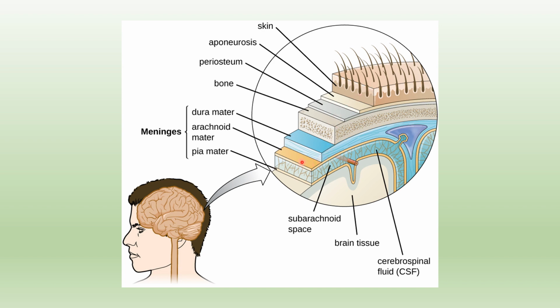So if they need to do a spinal tap, what they're trying to do is get a sample of your cerebrospinal fluid. So they're going to have to go to the subarachnoid space here. As I always say, that's pretty close. Now they're going to do it with the spinal cord, obviously, not the brain, but still, it's really close there.